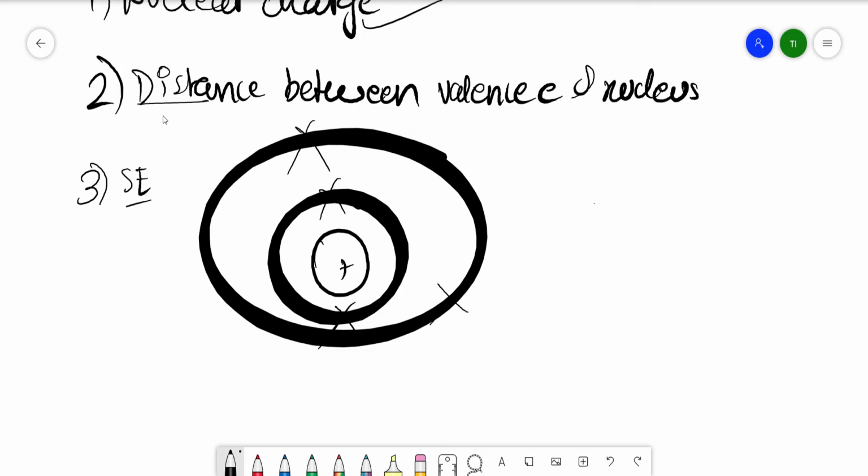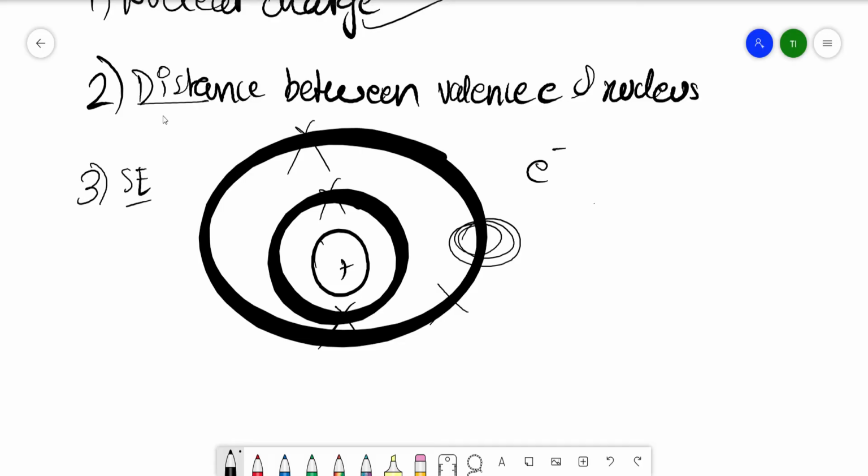Before that, you have to understand the basic principle that electrons are negatively charged, and therefore they repel each other. The shielding effect basically means that the electrons on the outer principal shell are subject to a shielding effect because of the inner electrons, the electrons present in the inner principal shell.